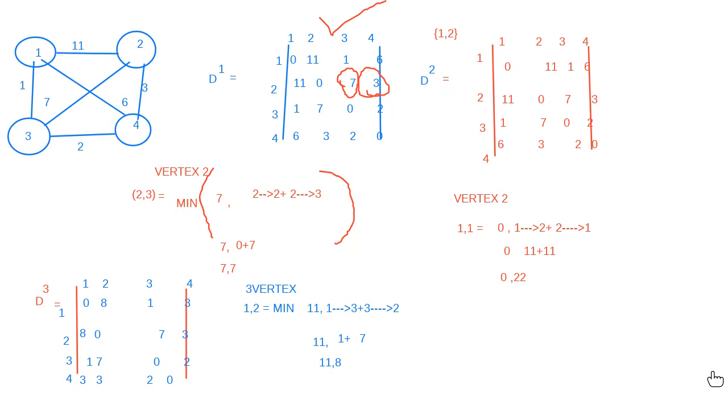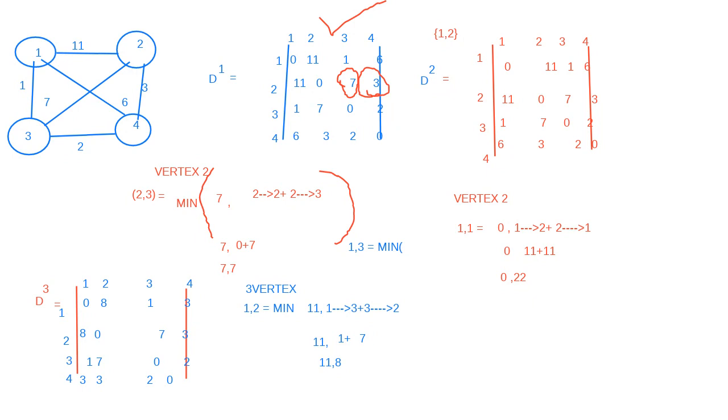Okay, 1 comma 3 in D3. So if I write 1 comma 3, see, now in 1 comma 3 what I have to do is find the minimum. Now minimum of what?